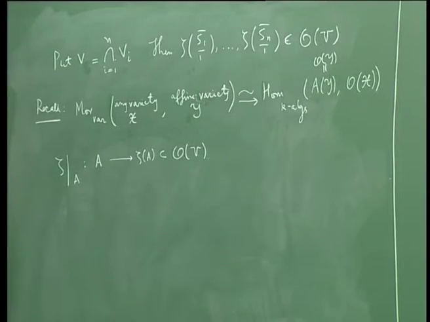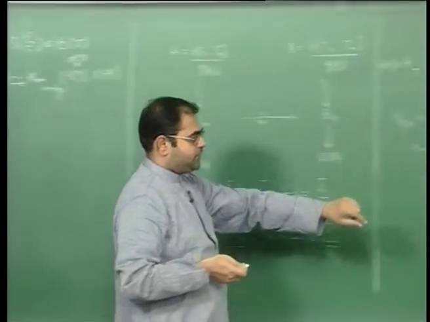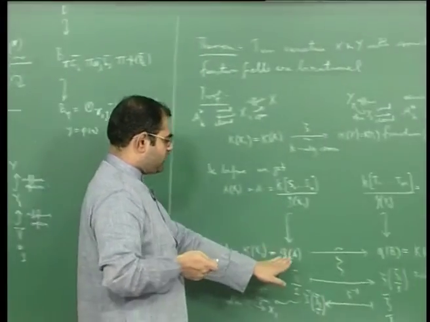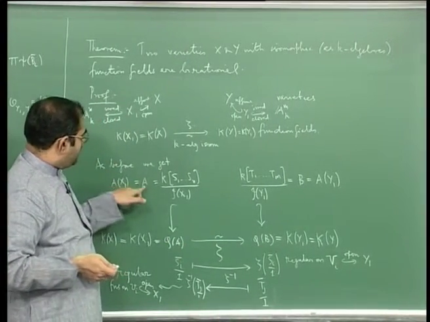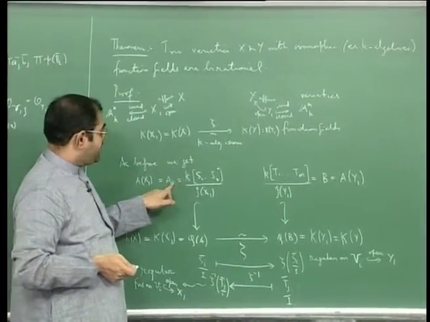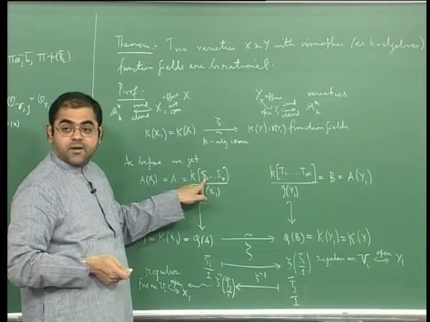Zeta is from the quotient field of A to the quotient field of B, and what is any element of A? Any element of A is a polynomial in the Si bars.